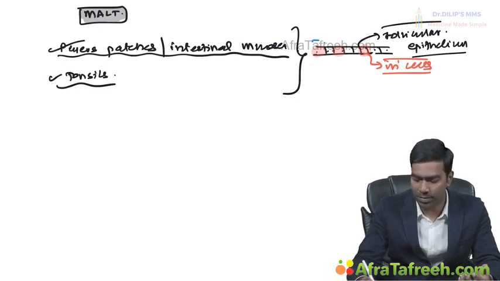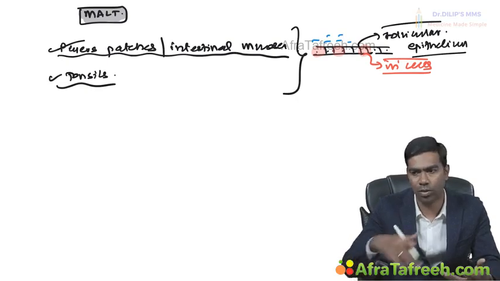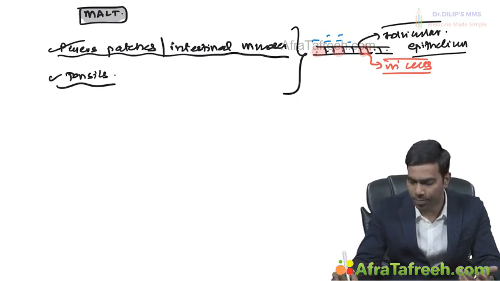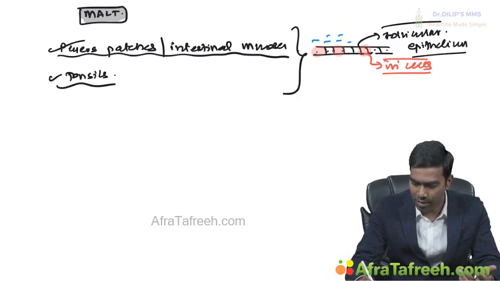What are the functions of this M cell? Whatever antigens are present in the mucosa, because a lot of commensals are also present over the mucosa, as you know, these M cells will transport these antigens. They sample them, because you have to know what is happening around you, you have to know the surroundings.